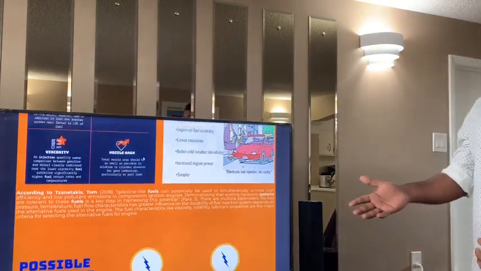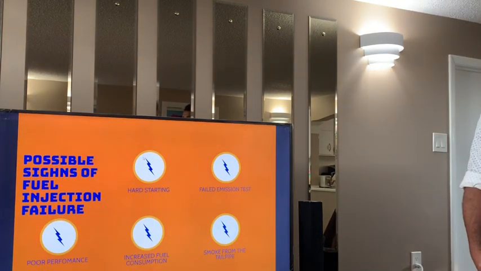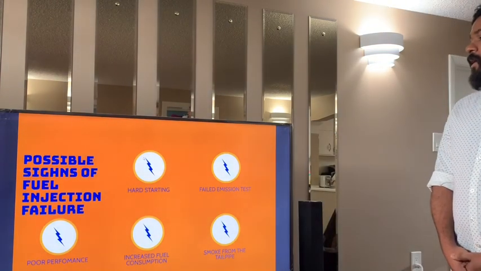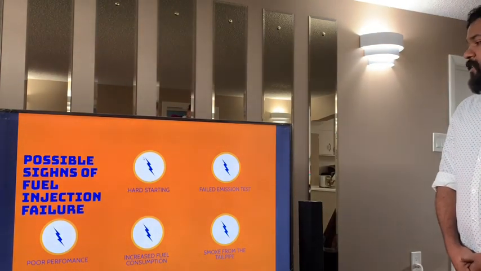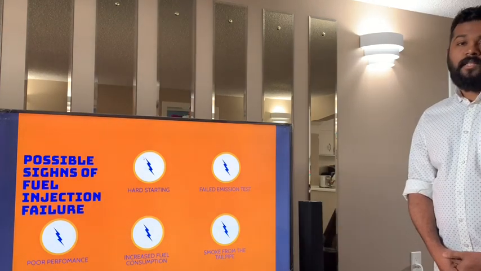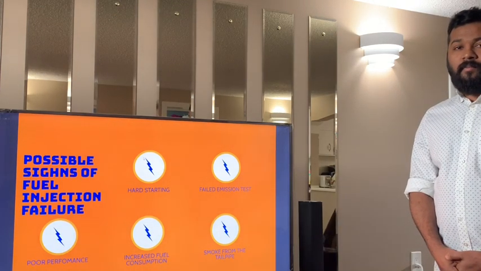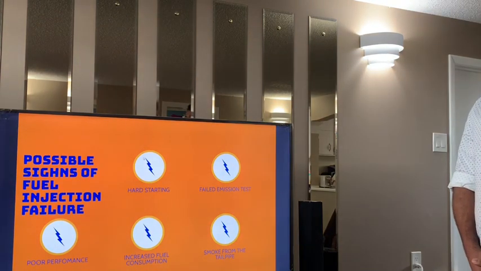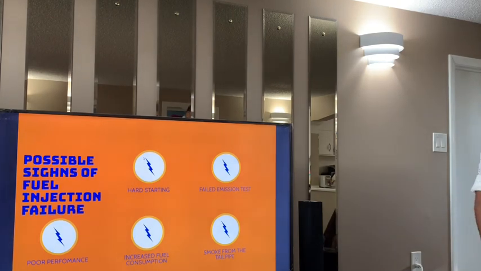You can go to the next slide. These are the possible signs of fuel injection failure. If you experience hard starting of an engine, that could be because of fuel injection failure. So we can understand that hard starting can be a possible sign of fuel injection failure. The next one is failed emission test.